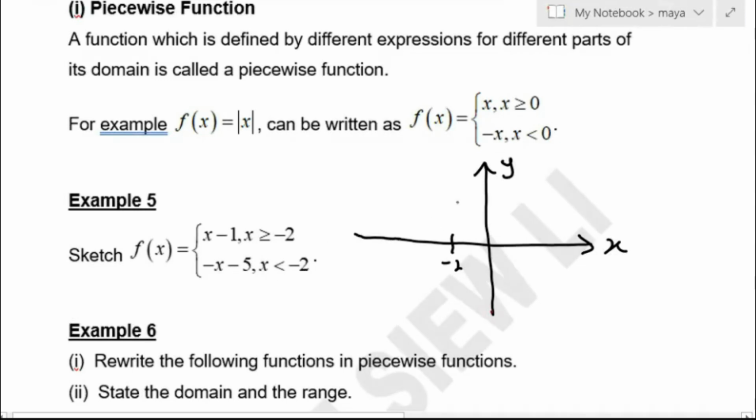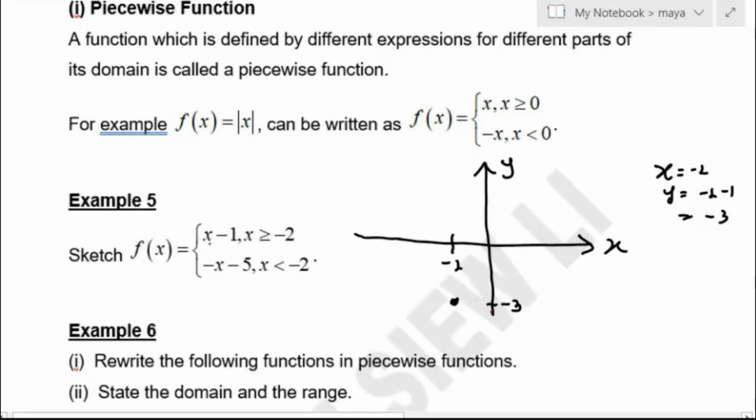When x equals negative 2, y equals negative 2 minus 1, so it becomes negative 3. Therefore, my starting point is included, so it is a full circle at negative 3.